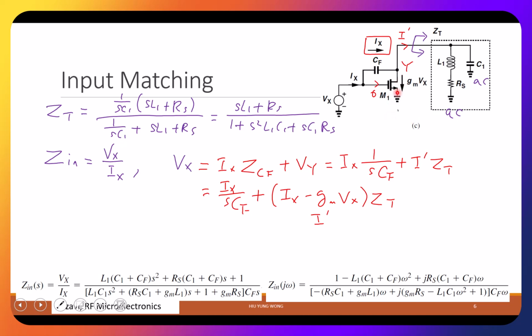Why don't I say this is GM square Vx, or Vx times something else? Why is this current GMVx? What is this current? Drain, source, or gate? Yeah, drain and also the source. What is the relationship between the drain current and the gate voltage?